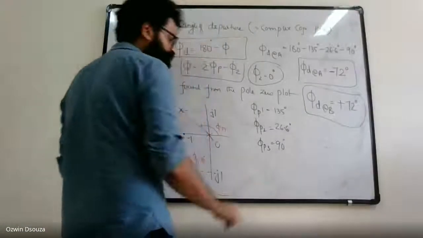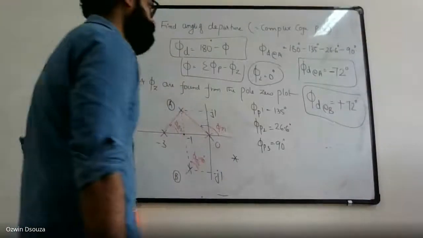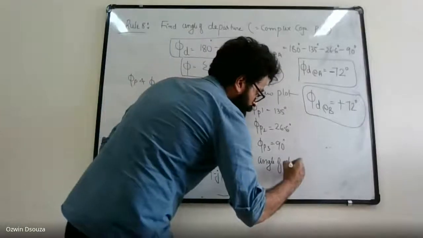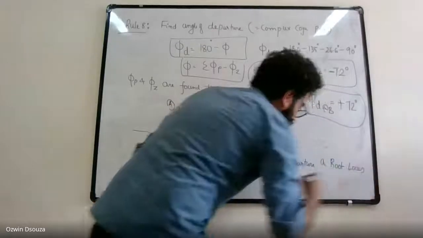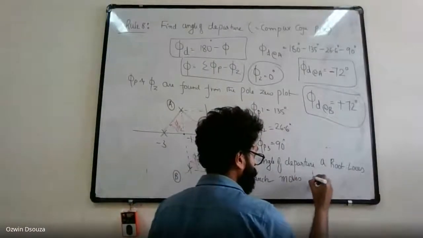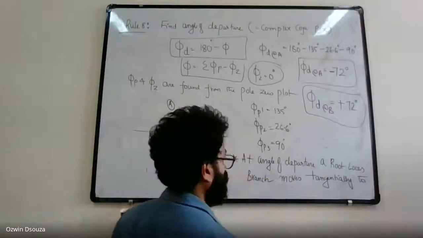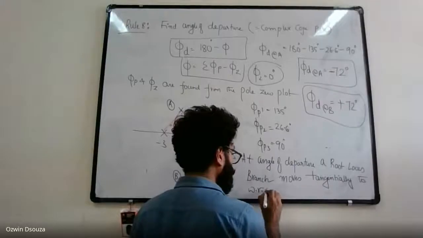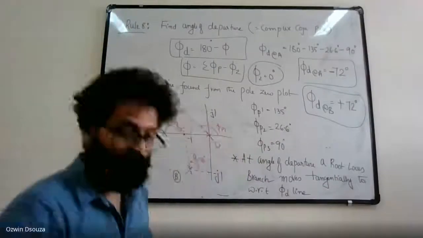Now, I want you to write a note. At the angle of departure, the root locus branch moves tangentially with respect to phi d.